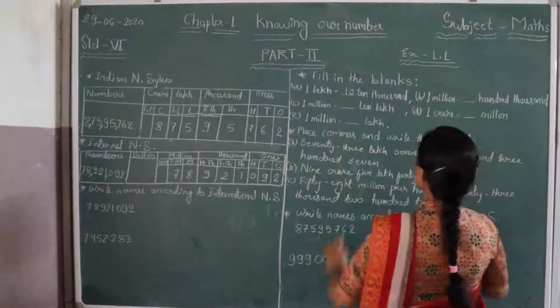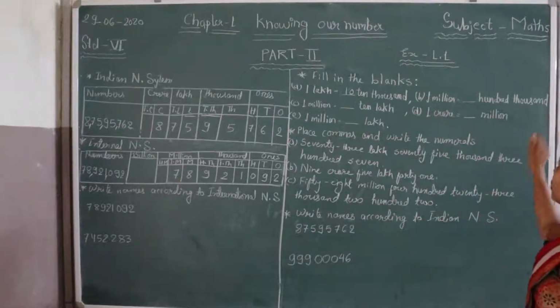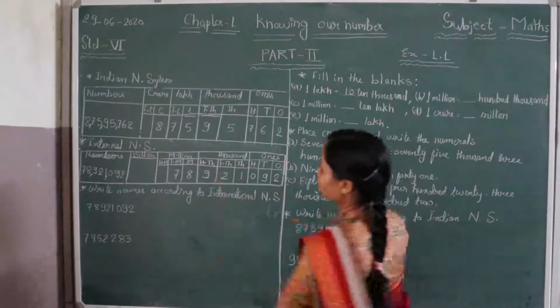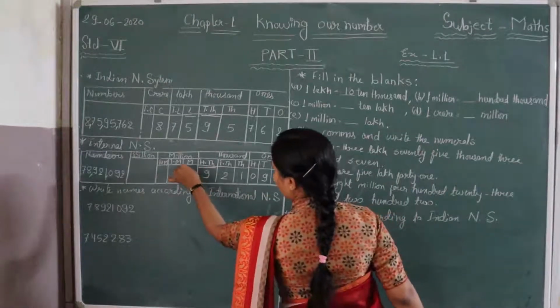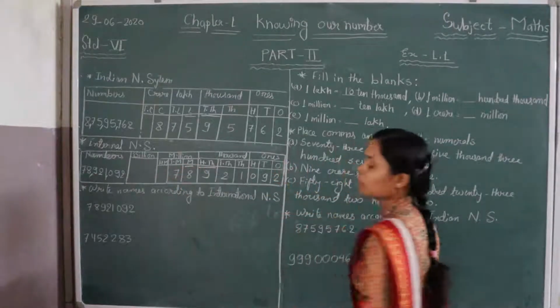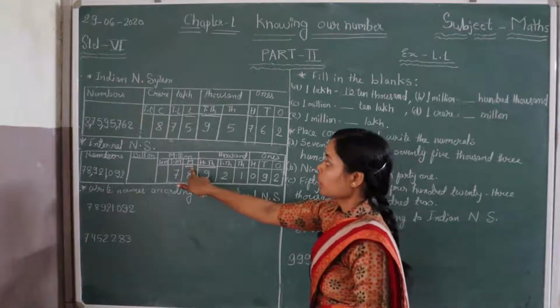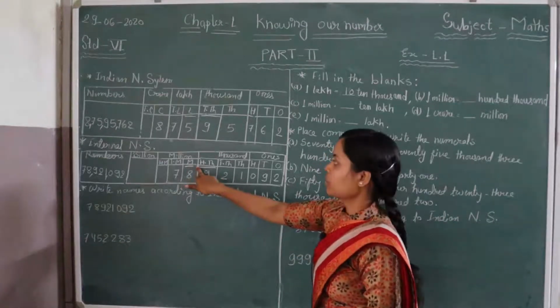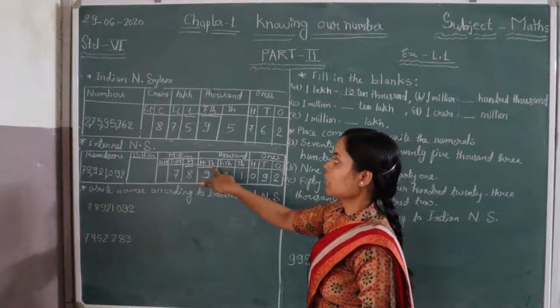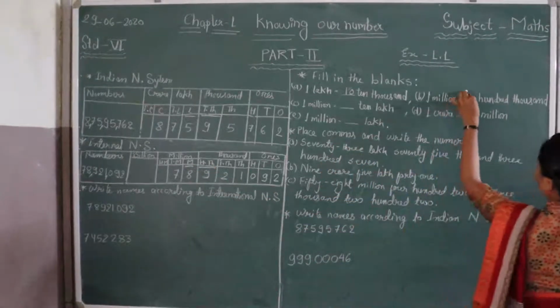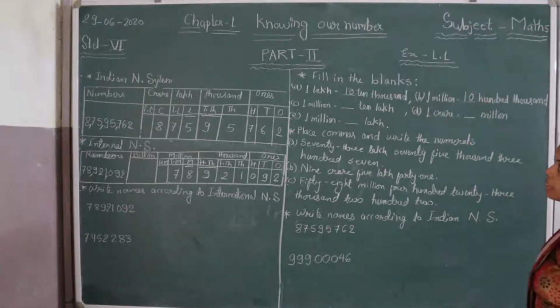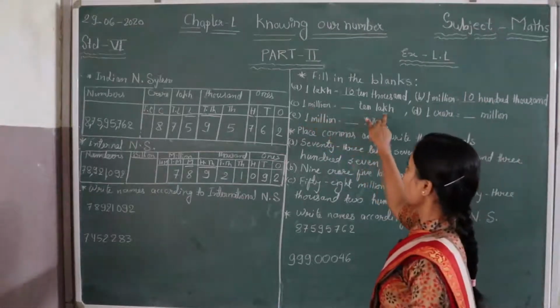Then 1 million is equal to blank 100,000. So look at here, 10,000, 100,000 and here million. So if we multiply 10 by 100,000, we get 1 million.